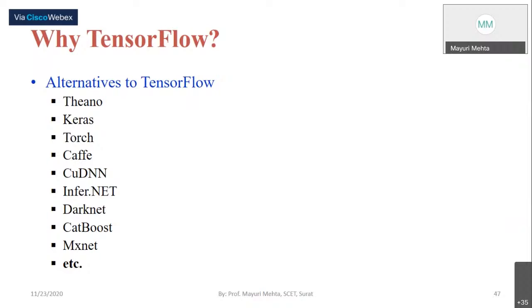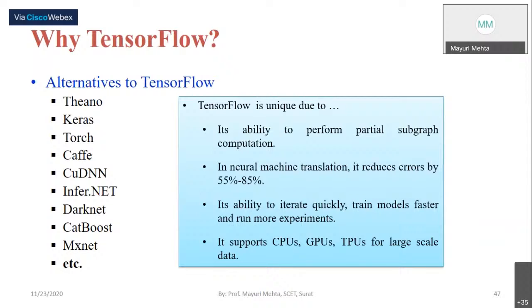Theano, Keras, Torch, Caffe, all these are libraries which can be used to build machine learning models. So many options are there. But then why has TensorFlow become so popular these days?